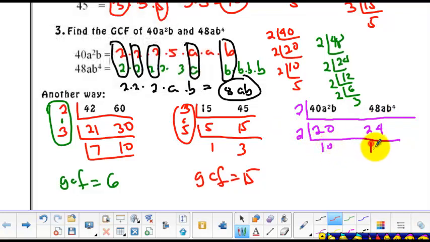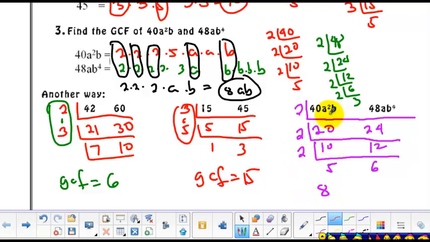I will have here 10 and 12. Next, a prime number that can divide 10 and 12 is 2. So 10 divided by 2 is 5. 12 divided by 2 is 6. Now here, we don't have any prime number that can divide both 5 and 6. So I will have 2 times 2 times 2, which is 8.